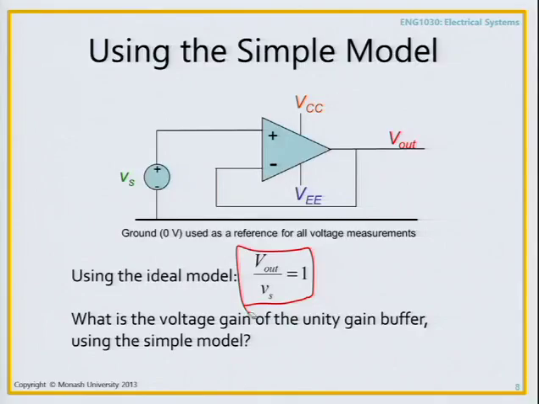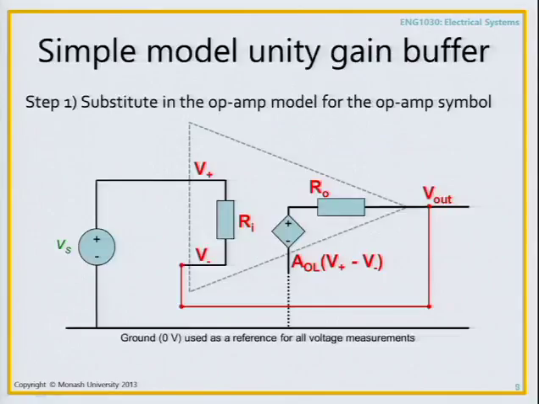So what happens if we now get rid of this and use the simple model? Okay, so how do we do that? Okay, so let's take our circuit and substitute back in the simple model where the op-amp symbol is. So previously, we just had this nice triangle box. We didn't care what was inside it.